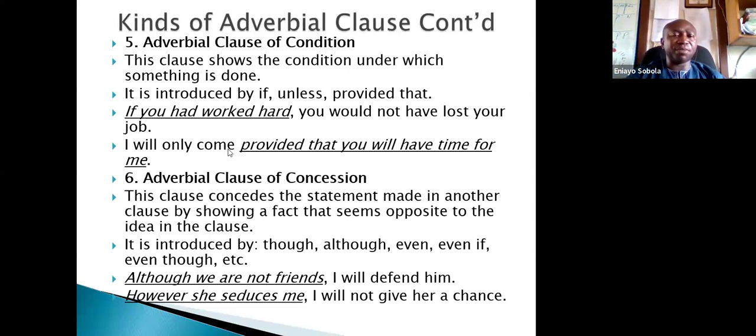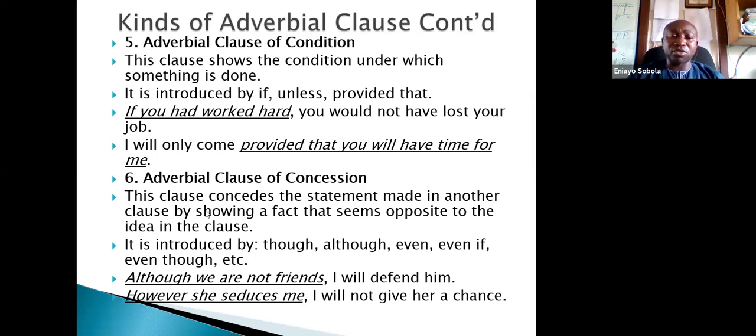The next one, we have adverbial clause of concession. This clause concedes the statement made in another clause by showing a fact that seems opposite to the idea in the clause.